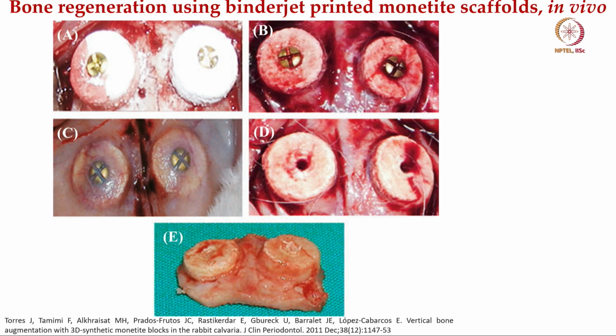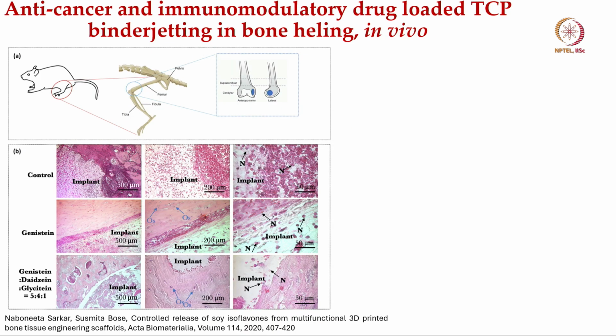These printed components are also used in different biomedical applications. For example, in binder jet printing, monetite scaffolds, when used in animal models, for example the rabbit calvaria, we have seen that bone regeneration is clearly accelerated using this printed scaffold.